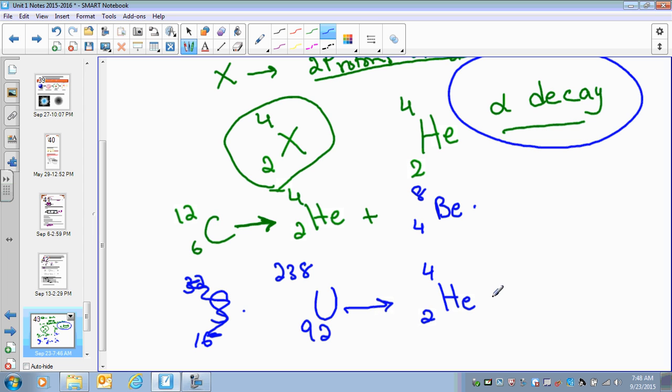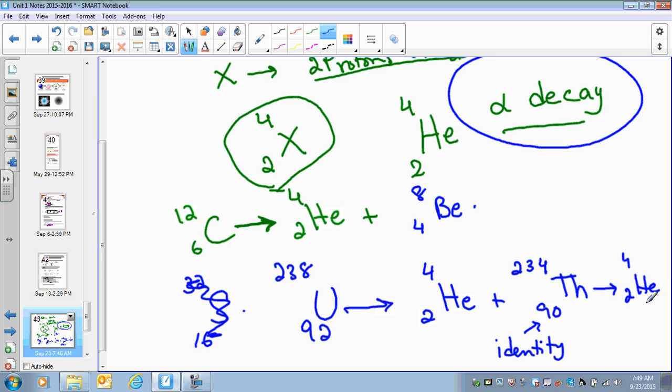So what happens is that 92 minus 2 is 90, and 238 minus 4 is 234. Now I need to go to the periodic table, because the identity of the element is the atomic number, and find out who is 90. Atomic number 90 is thorium.